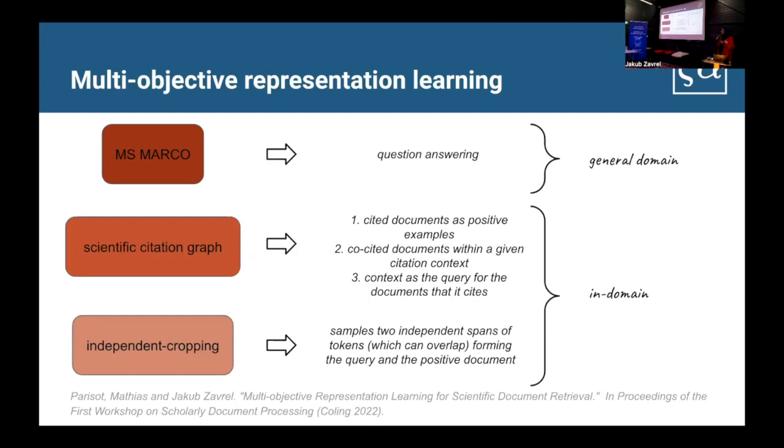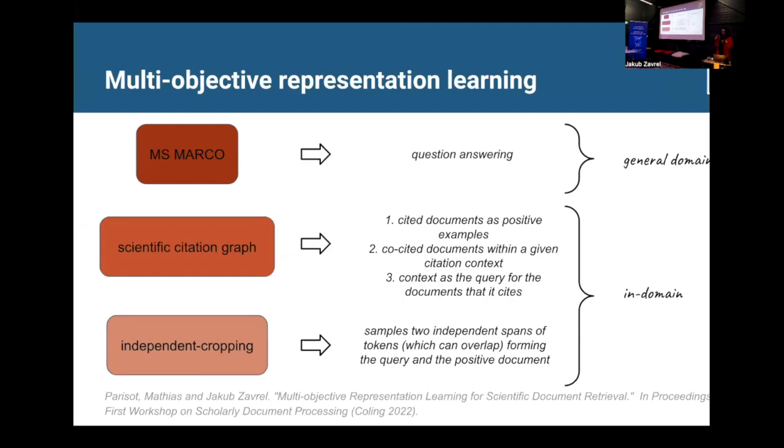But we can also generate and create data sets in the particular task that we wanted in an unsupervised or semi-supervised manner. So that's exactly what we did. We generated the citation graph from like context and how documents cite each other, and also the independent cropping, which is an unsupervised way of creating basically pairs of queries and documents. And these two were in domain.